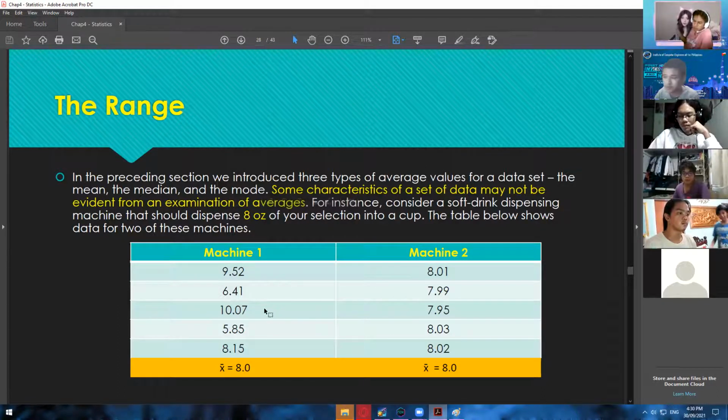Now, if you are going to get the average of those, you will get a mean of 8.0. So it's like nothing happened, we were able to distribute an average of 8.0 for those 5 cups. But if you check this one, some are lacking and some are just too much.